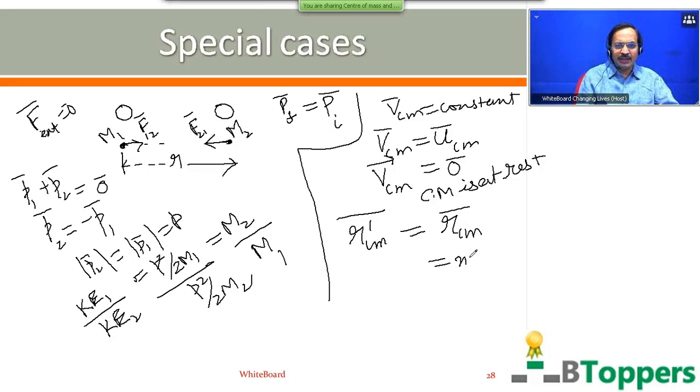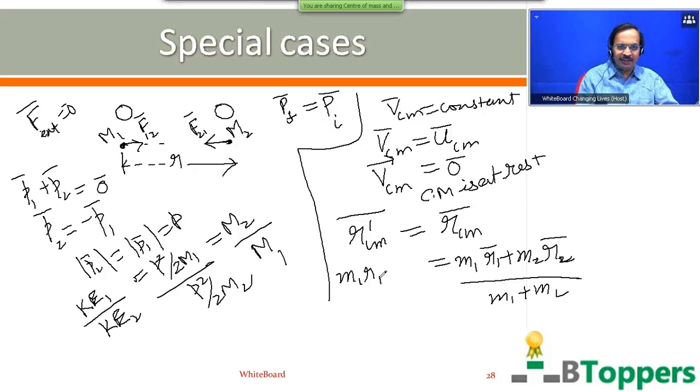The position vector of the center of mass at the earlier instant you can write as m1 r1 bar plus m2 r2 bar by m1 plus m2, where r1 bar is the position vector of the initial position of m1, and r2 bar is the position vector of the initial position of the second particle of mass m2. The position vector of the center of mass at the later instant you can write as m1 r1 dash bar plus m2 r2 dash bar by m1 plus m2. m1 plus m2 can cancel.